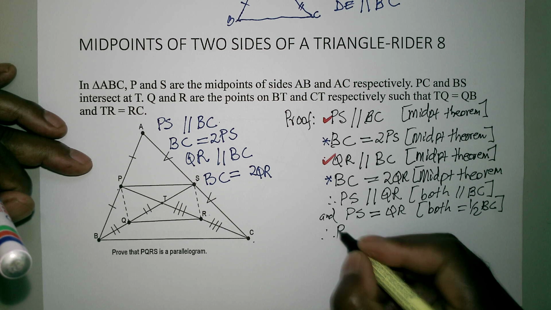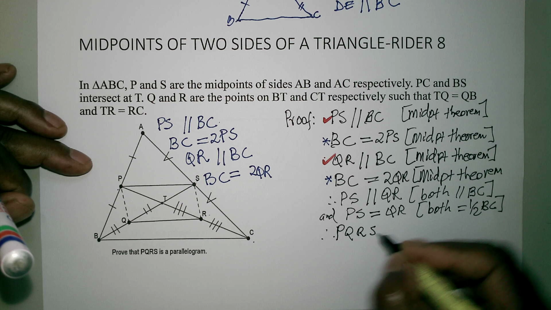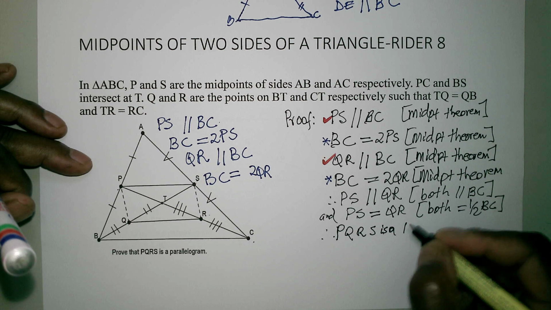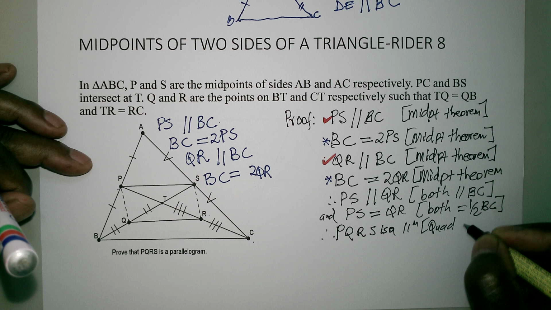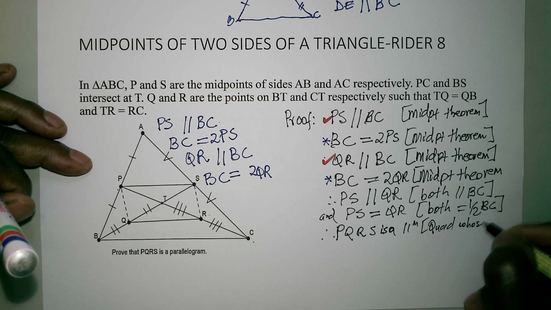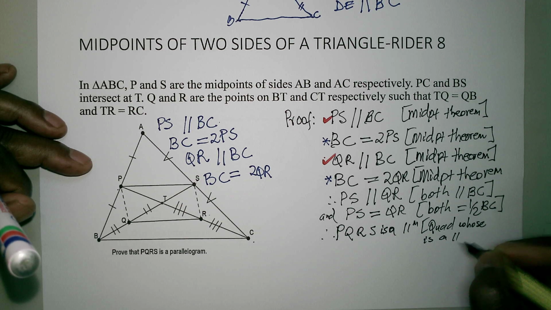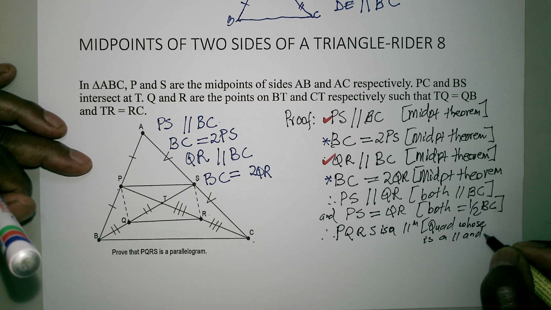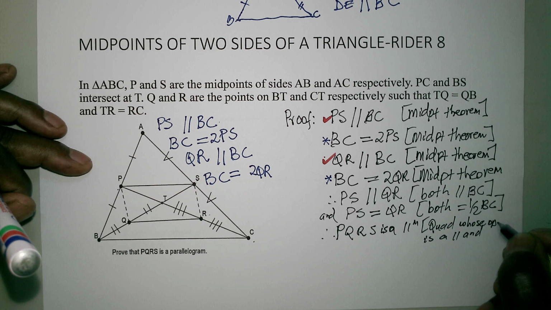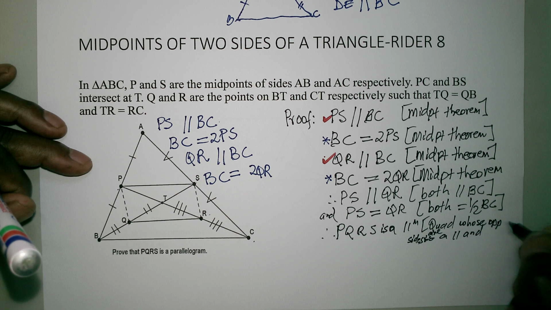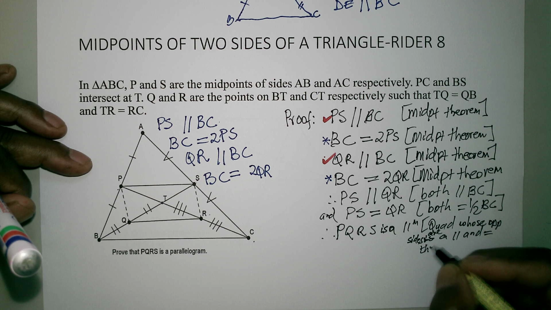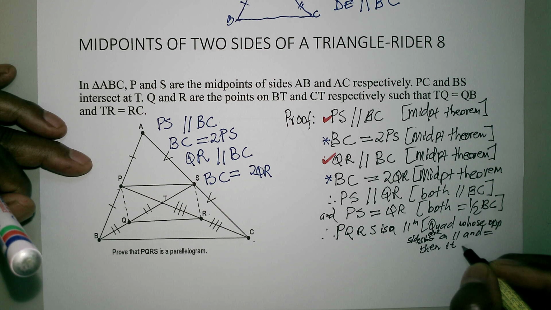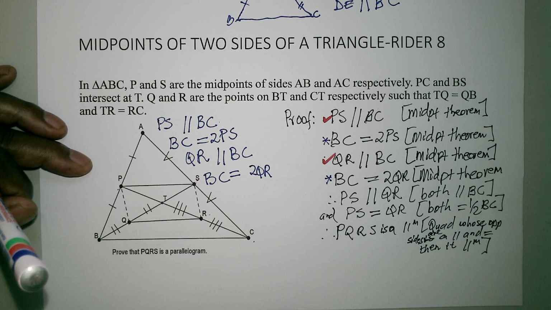Therefore, PQRS is a parallelogram. A quadrilateral whose opposite sides are parallel and equal, then it is a parallelogram.